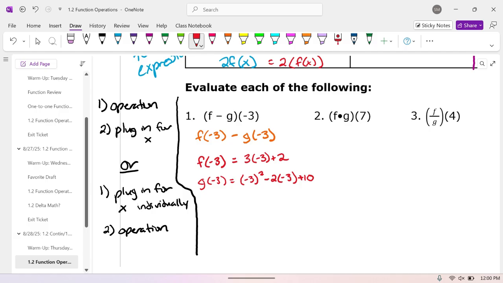All right? So take a minute and evaluate those two. So all I did was plug in -3 in for both of the x values in both functions. That's why I said you might want a calculator, because you can put that straight into your calculator.